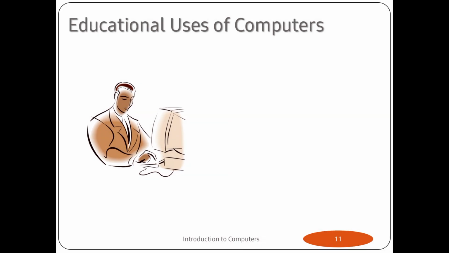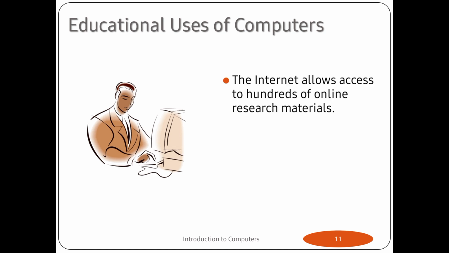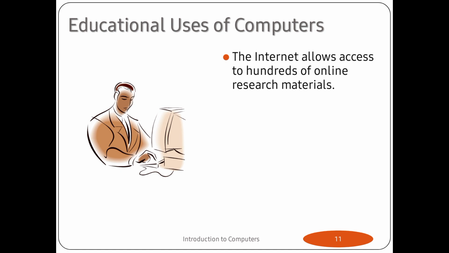Now, another application area which is very useful, a very vital way a computer helps in our daily lives, is in schools or in educational areas. We use computers for educational purposes by providing online research materials.